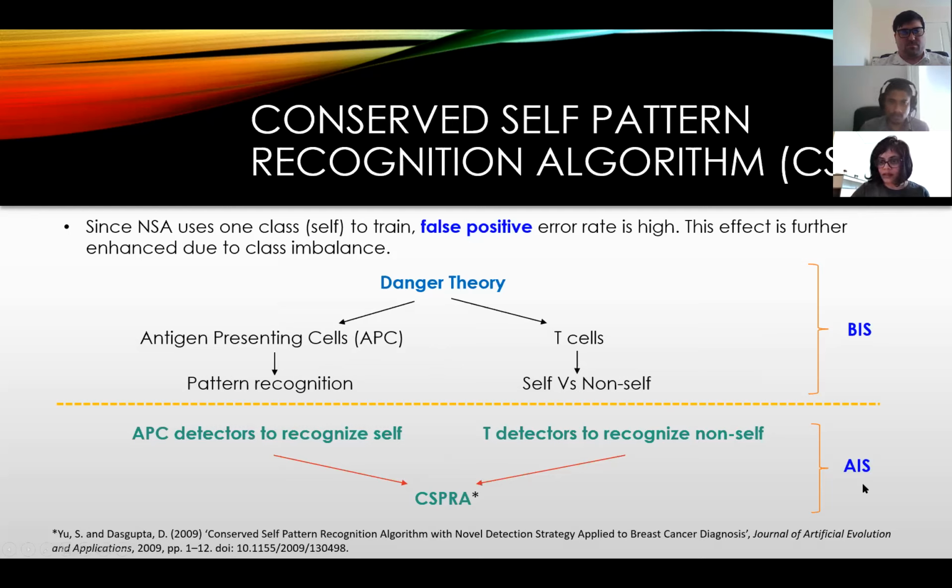So the AIS algorithms inspired by these include APC detectors that recognize self patterns and T detectors that recognize non-self patterns. And these together create the conserved self pattern recognition algorithm.